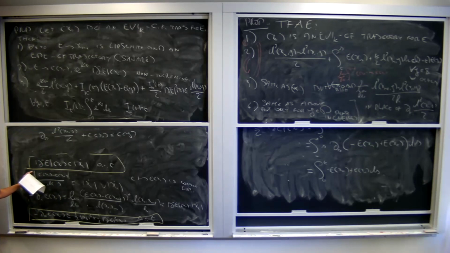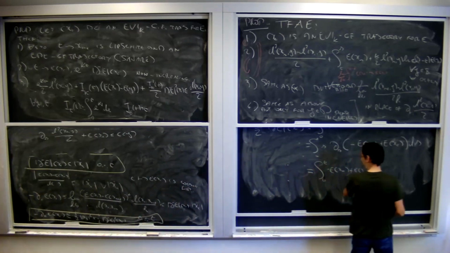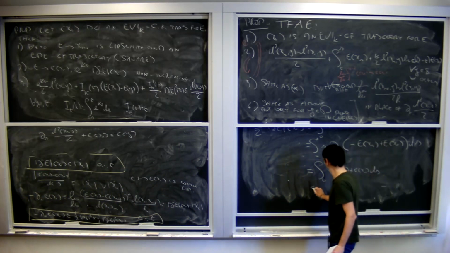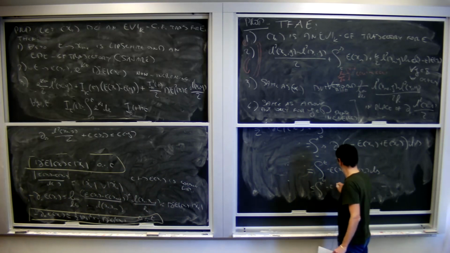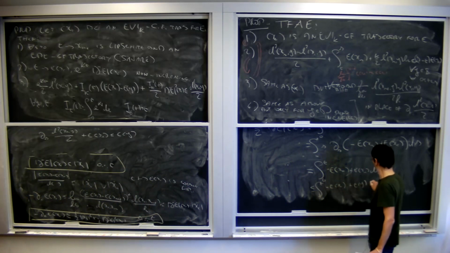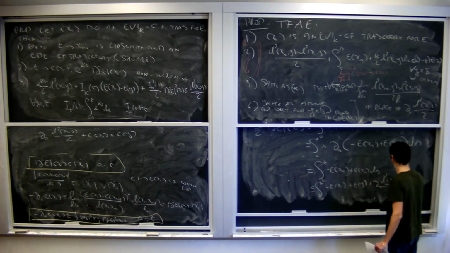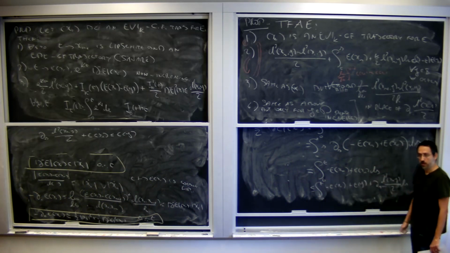So the energy at x_s is bounded from above, and I leave this term untouched, by the energy at y minus d_s of the distance squared x_s y over 2. Thanks.